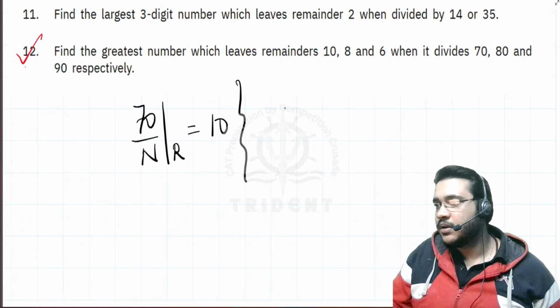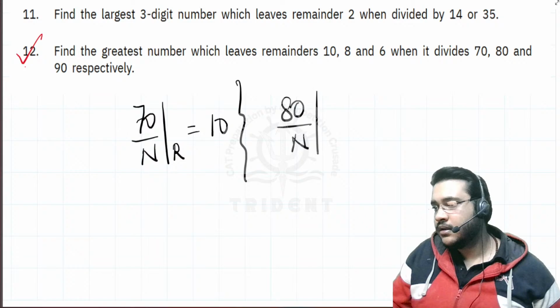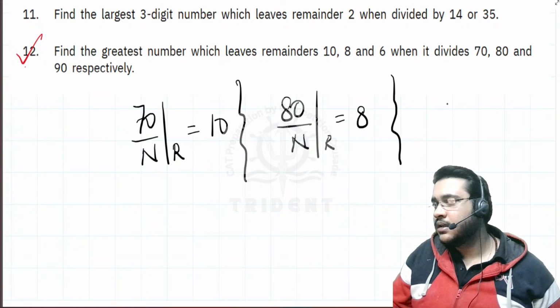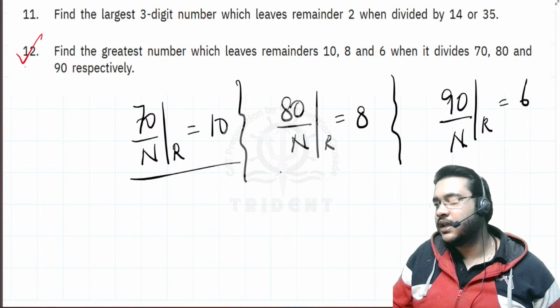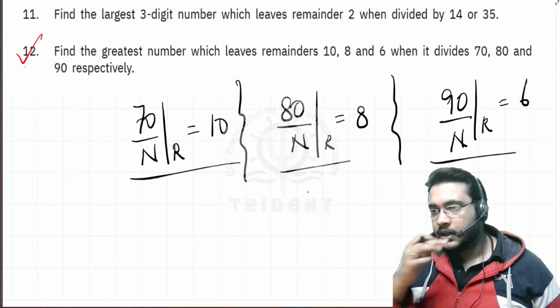The other part will be 80 divided by n, the remainder should be 8, and 90 divided by n, using the same capital letter N, the remainder should be 6. So this is basically the idea that one needs to understand for this question.